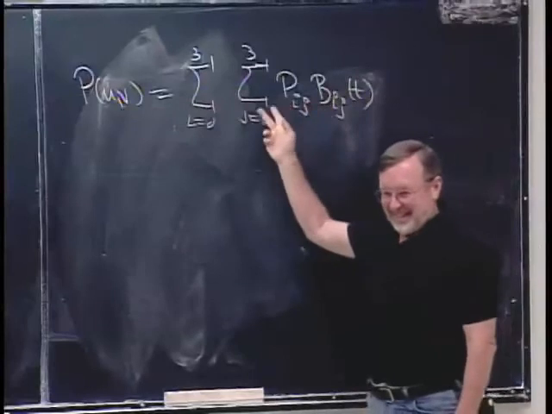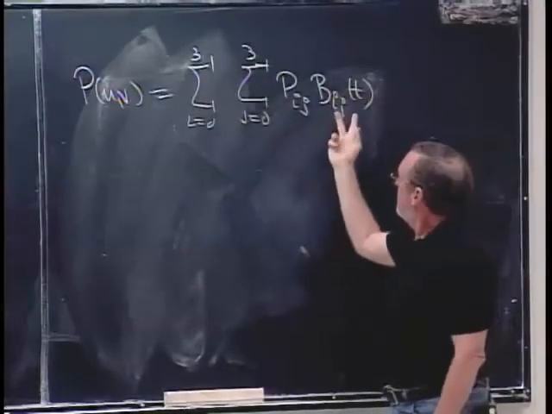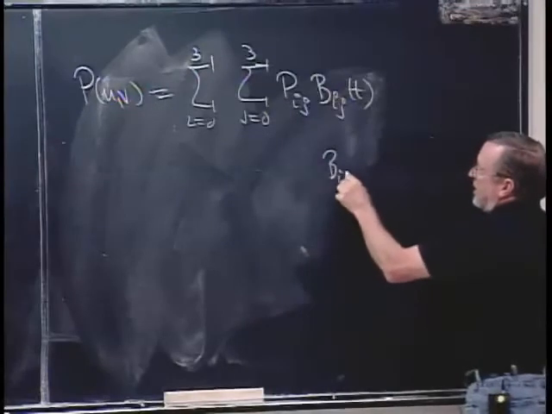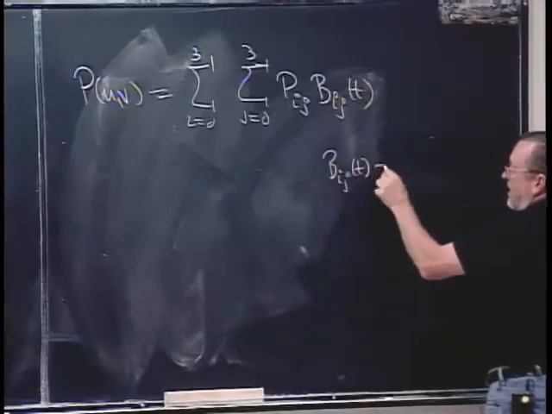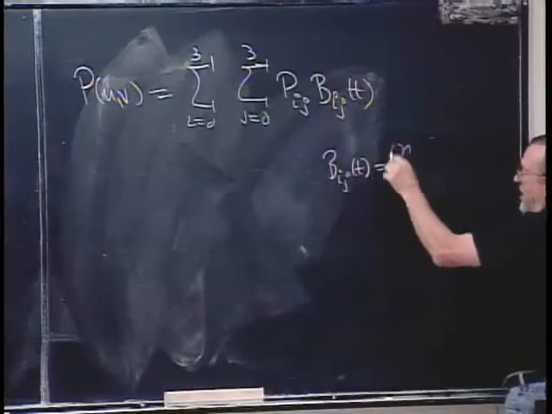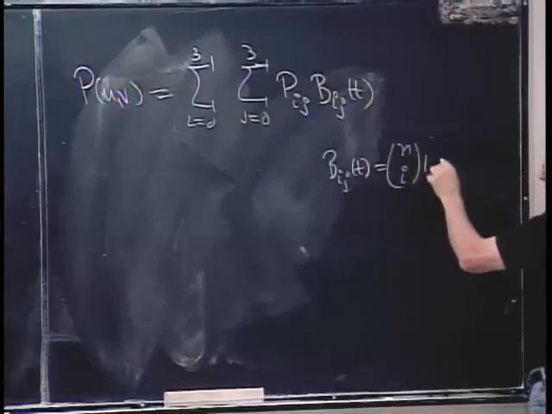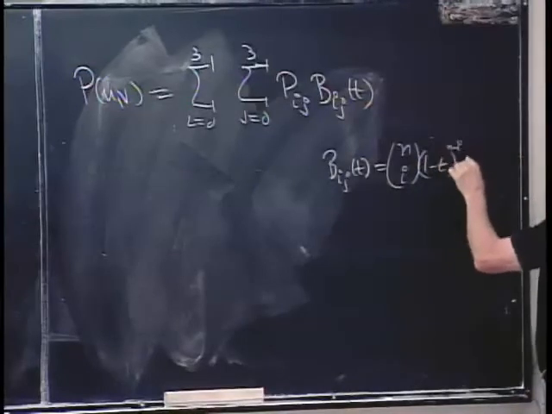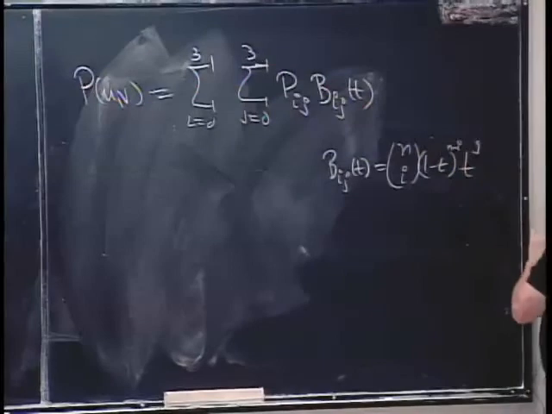Now, this looks kind of weird, but the B_ijs look like something called n choose i times (1 minus t) to the n minus i and t to the i.